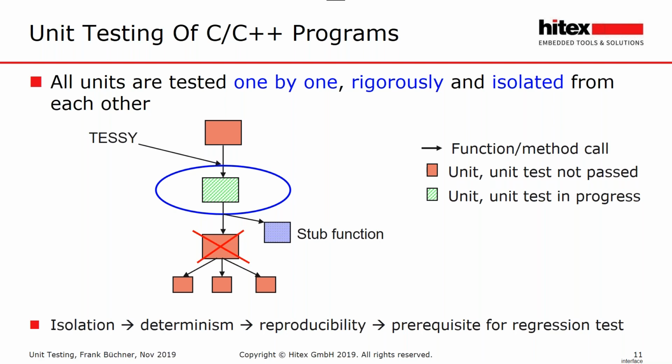As I said, the blue line here, I usually call the interface. And on the next page, we have a closer look at this interface, and we see an additional advantage of the isolation to the called function.